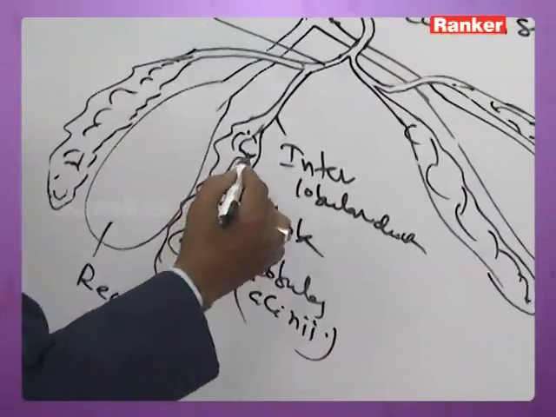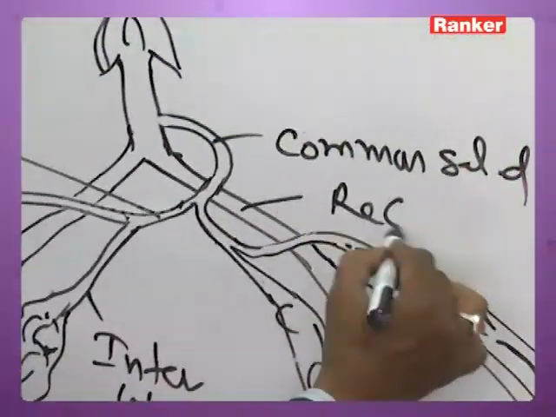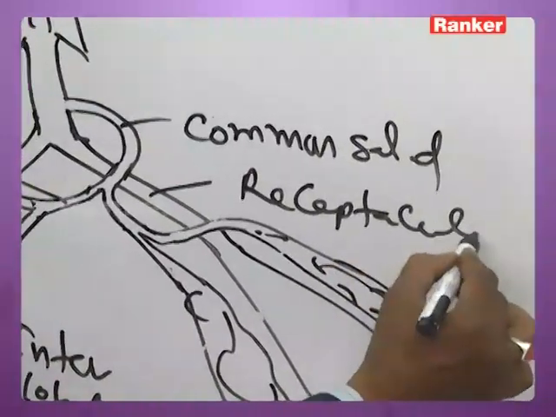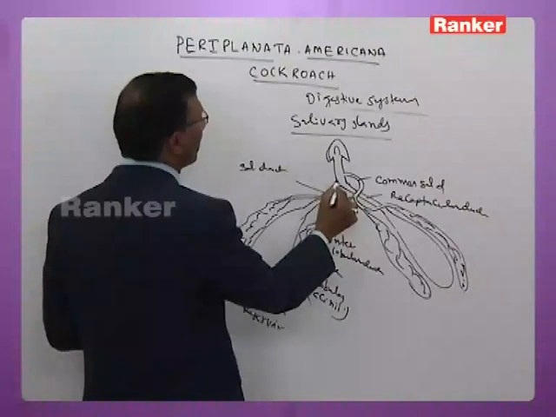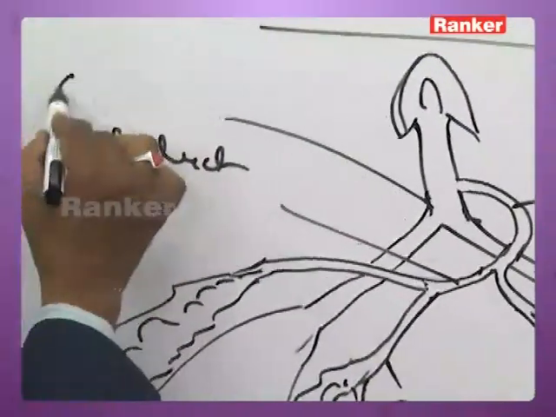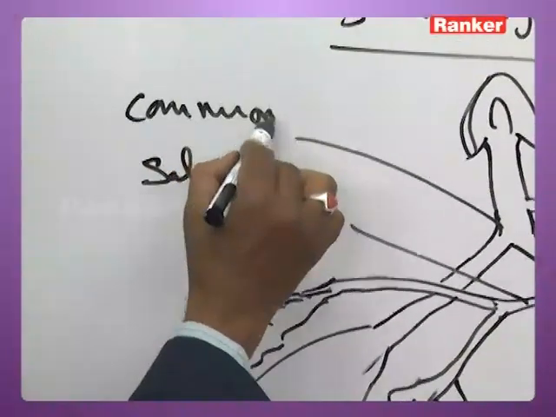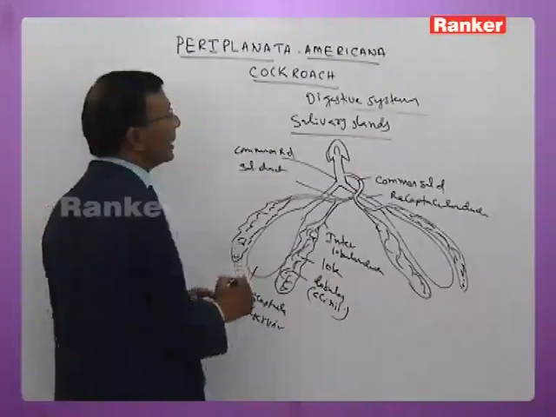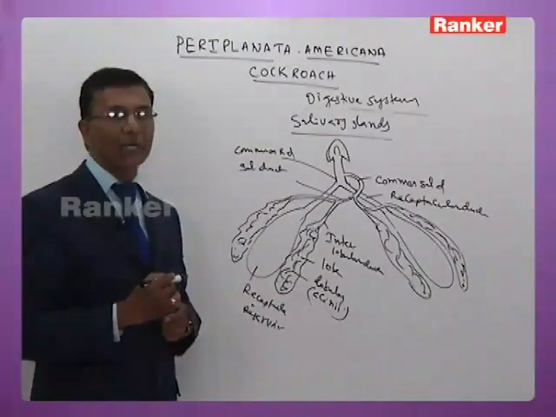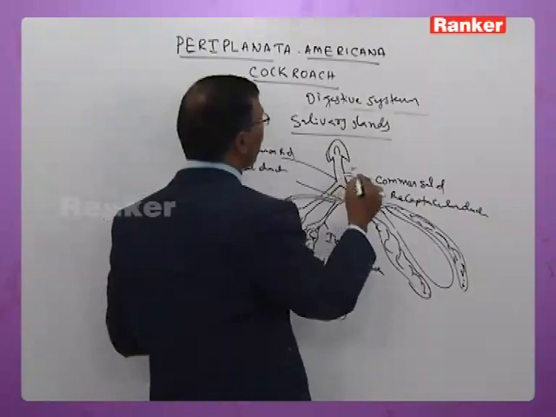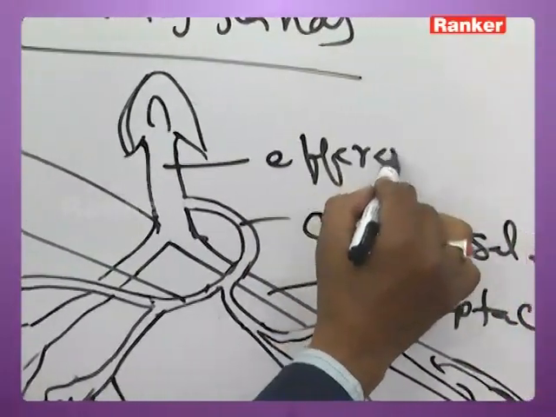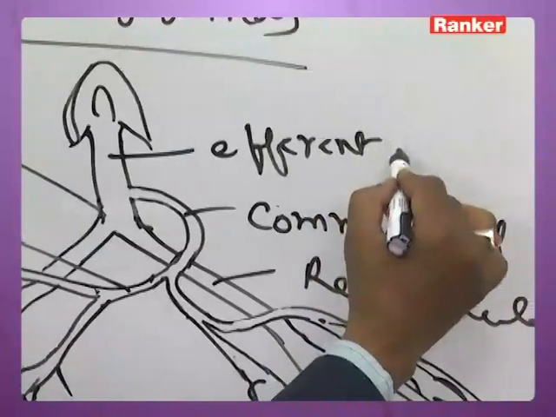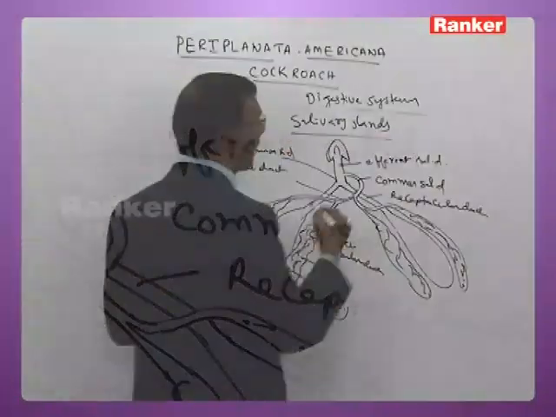The duct that arises from the receptacle is called the receptacular duct. The two receptacular ducts unite to form the common receptacular duct. The common receptacular duct unites with the common salivary duct to form the efferent salivary duct.